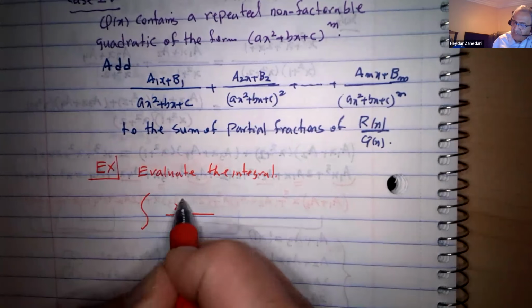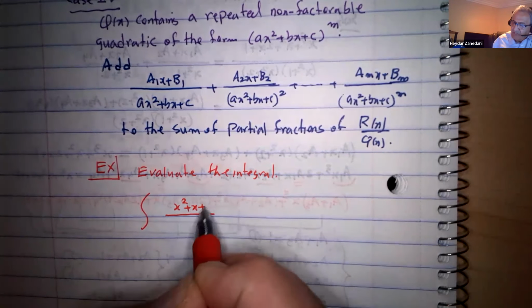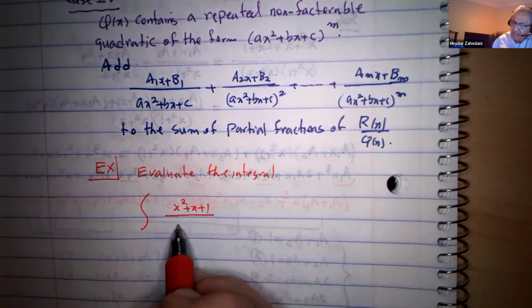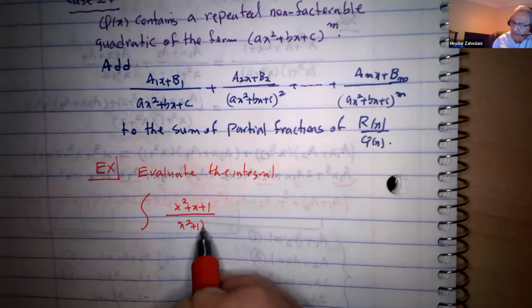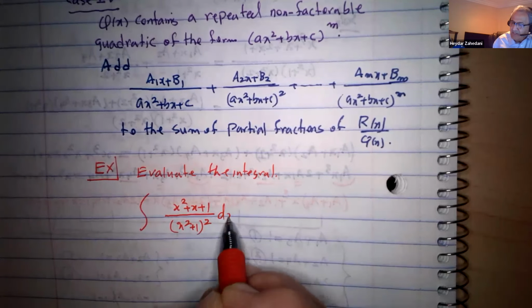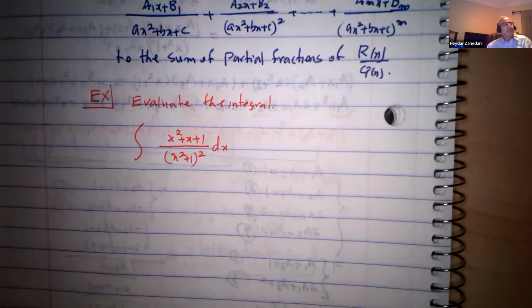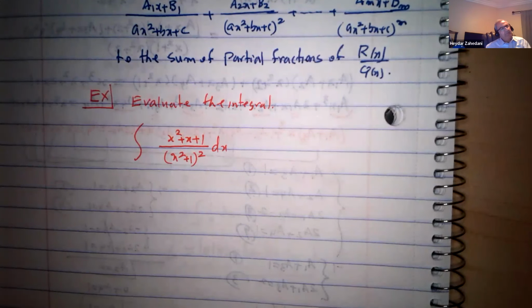So you have x squared plus x plus 1 on the top, and you have x squared plus 1 all squared, dx. So that's that. See, the denominator, it's x squared plus 1, non-factorable. That's a square. It's a repeated one.